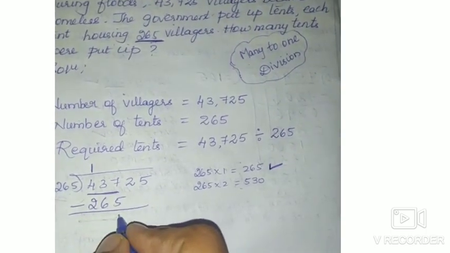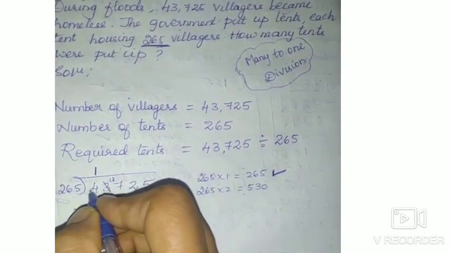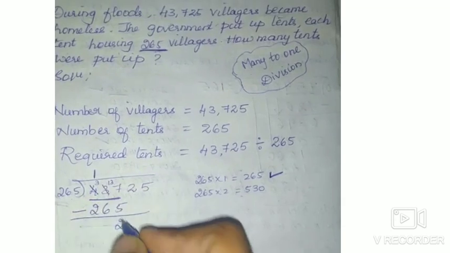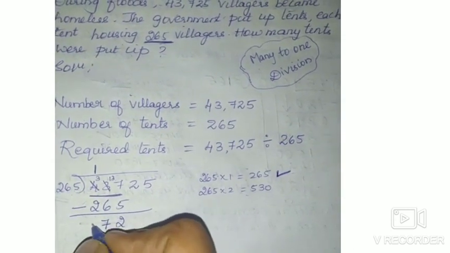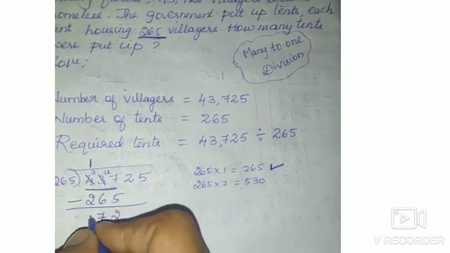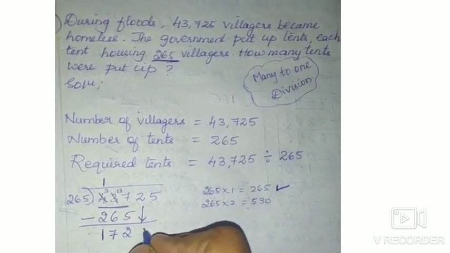7 minus 5 is 2. 3 minus 6 is not possible, so take borrow, make it 13. 13 minus 6 is 7. 3 minus 1, 3 minus 2 is 1. Now bring 2 down.